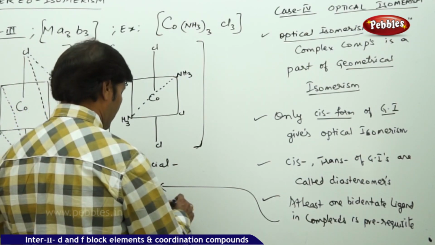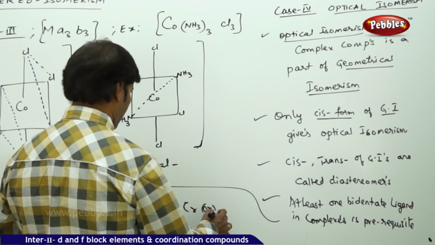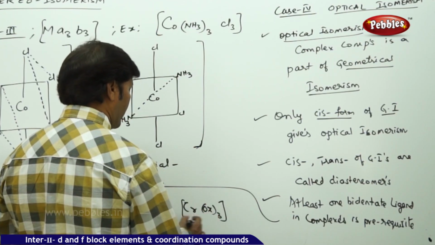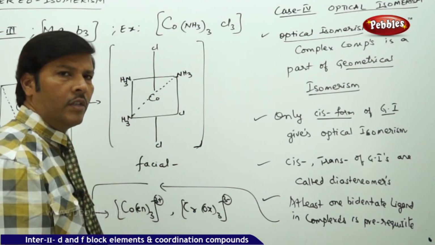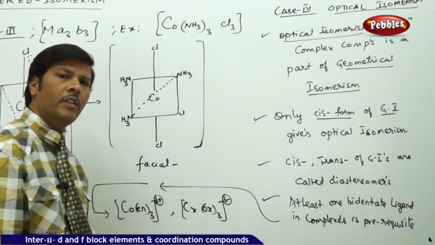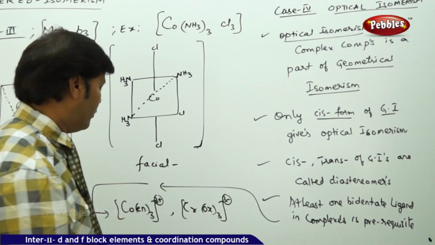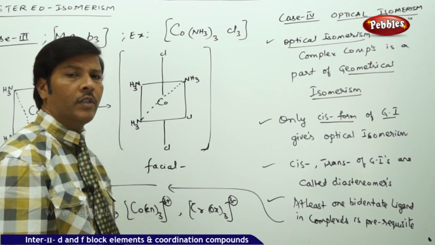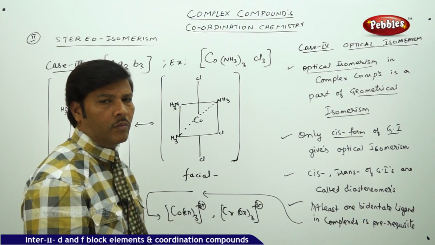Then you can also take Cr(ox)3 3-, which can also give the optical isomerism, but this is the cationic complex and this is the anionic complex, and in both these we can obtain the optical isomerism from cis, and cis and trans are going to become the geometrical isomers.